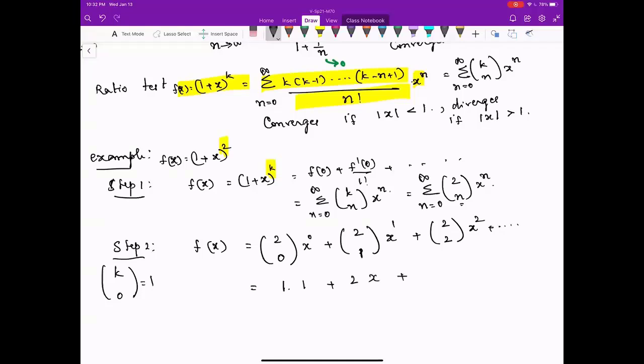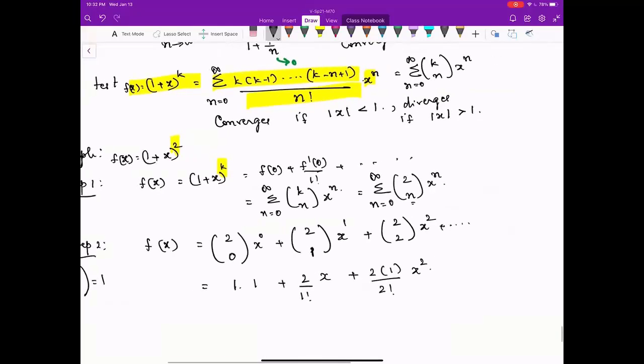Of course, you'll have 1 factorial here, but 1 factorial is equal to 1. So what is 2 chosen 2? It is 2 times (2 minus 1), which is 1, divided by factorial 2, times x squared.